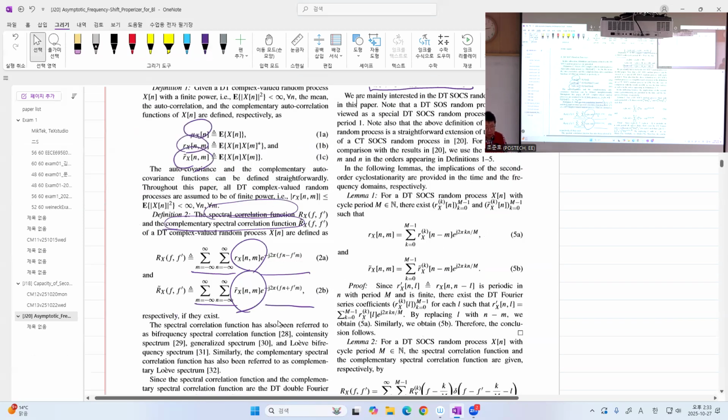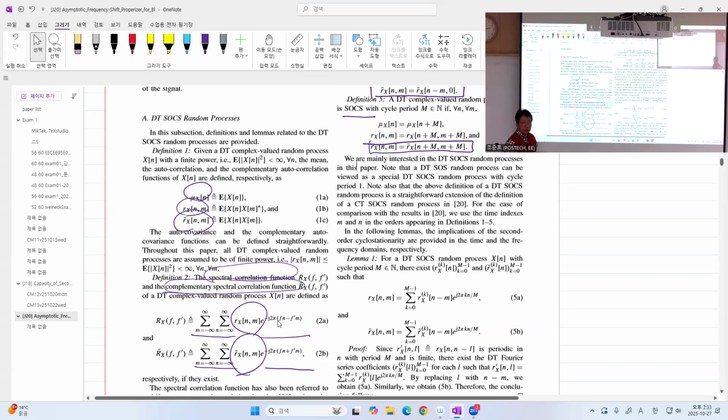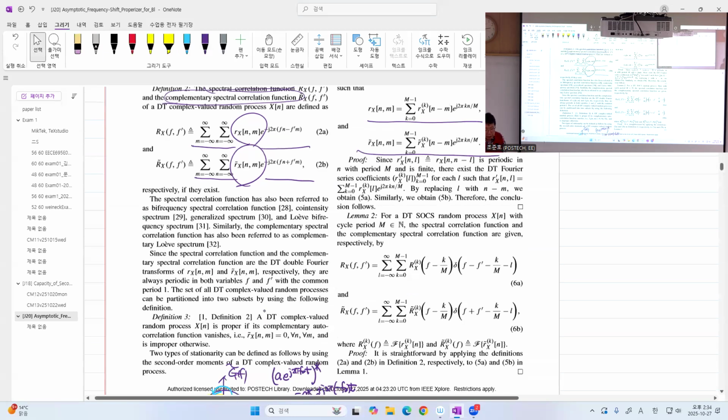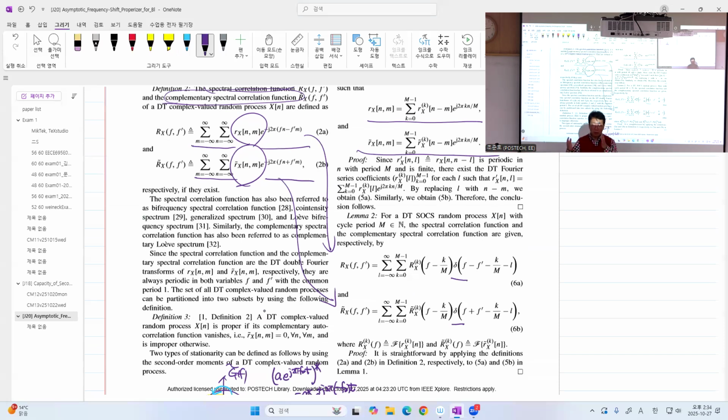And here goes the lemma. We already developed it for continuous time cases. Now for discrete time random processes, you've seen similar results in your first take-home exam. And here again, we have impulse fences appearing in the bispectrum and complementary bispectrum. The difference is that, as you remember from discrete time Fourier transforms, you have automatic periodicity of the spectrum.